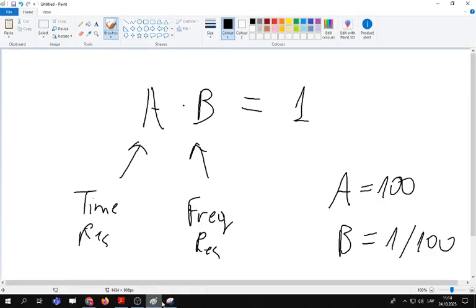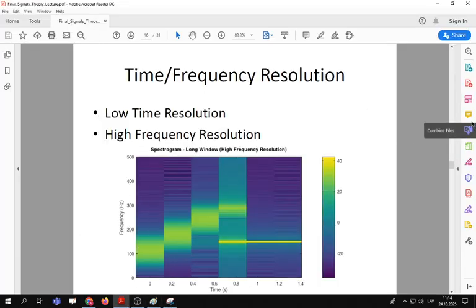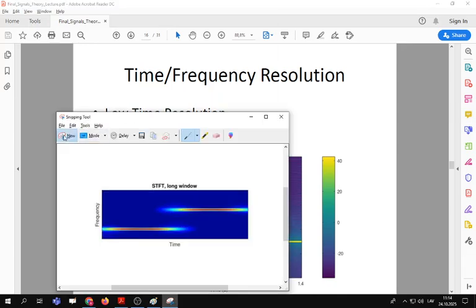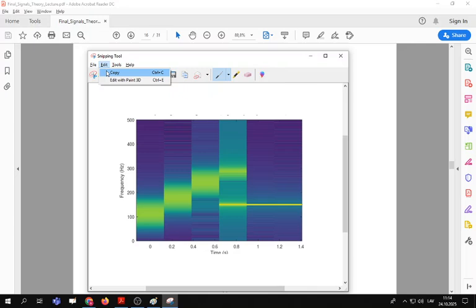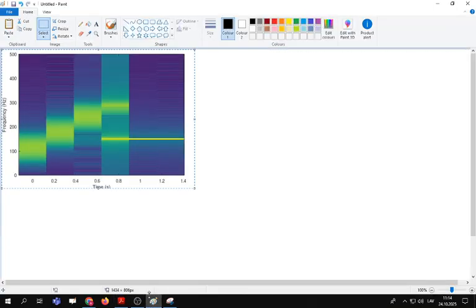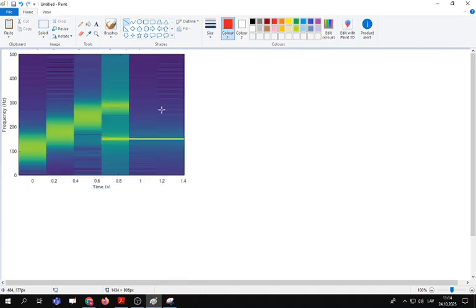Let me try to get this. In reality, we should have this bright red color going like this line. Well, actually, I can use the mouse for this, like so.